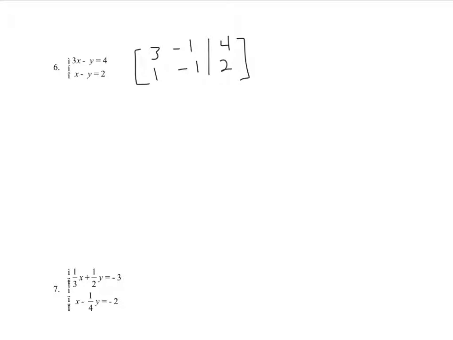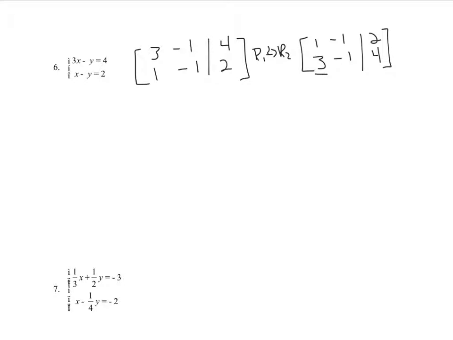All right, one thing I noticed that I can do is I can switch row 1 and row 2. And that would give me a 1 on my top left entry in this matrix. You don't have to do that, but that is something you can do. So now I'm ready to look at the bottom row, and I want to turn this first element, this 3, into a 0.